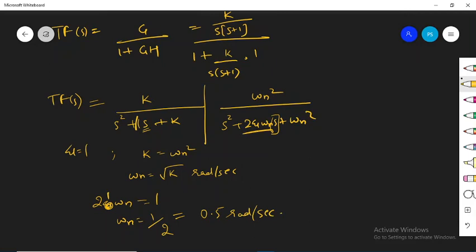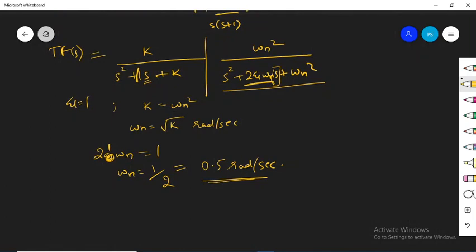Now as soon as you find out what omega n's value is, you can easily form the equation now. The value of omega n is 0.5 radian per second. Then you can write the final transfer function. It's equal to k. So if omega n's value is equal to 0.5, then the value of k is going to be 0.5 squared.